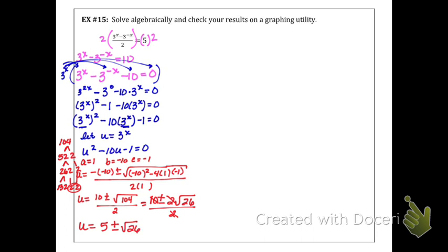But remember, we used substitution, so we're going to substitute back. So I'm going to come up here to the top. So we had that u was equal to 5 plus or minus the square root of 26. And we know u is that e to the x. So I know my base is e.